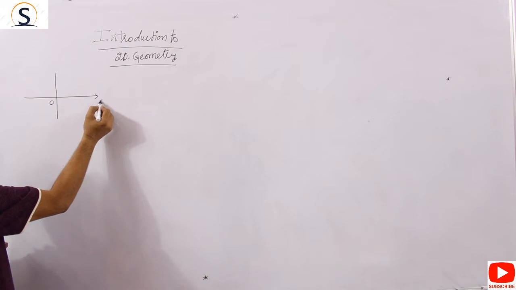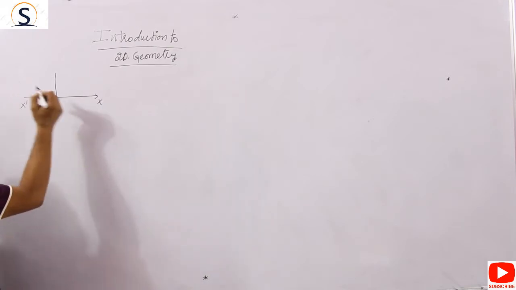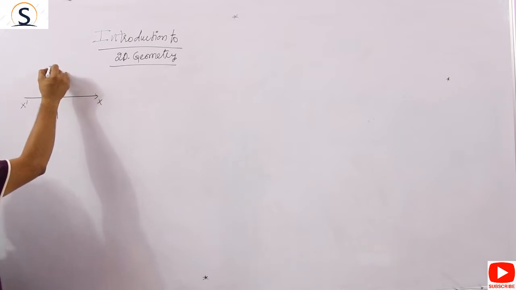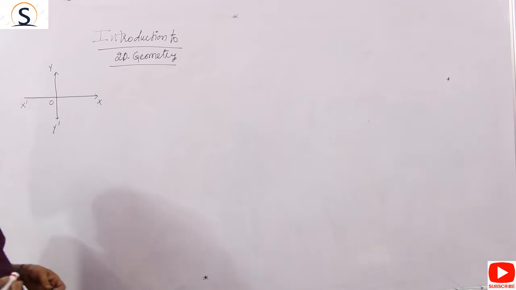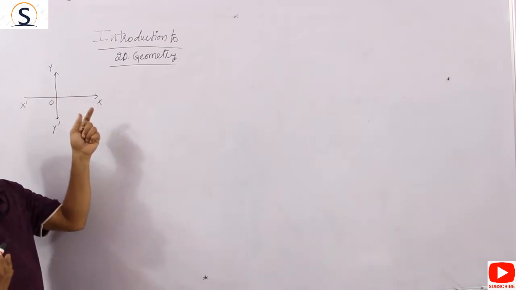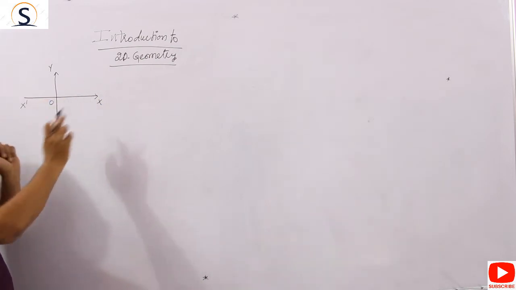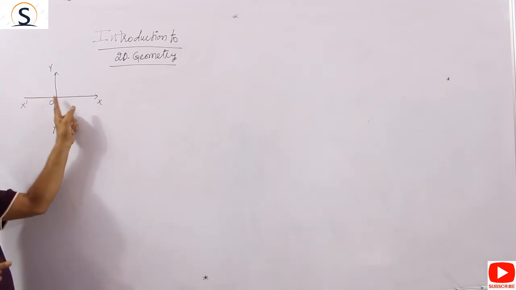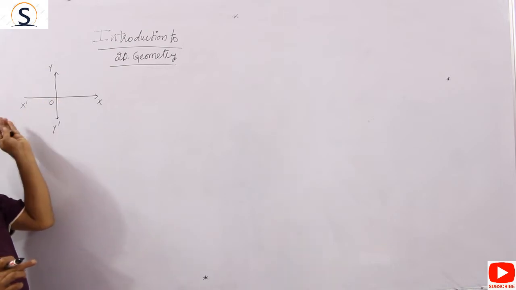This is the x-axis, and left of O is x dash, above O is y, and this is y dash. These are the two perpendicular lines intersecting at O. To the right of O, this is x, the positive side, and this is negative. Left of O is negative.